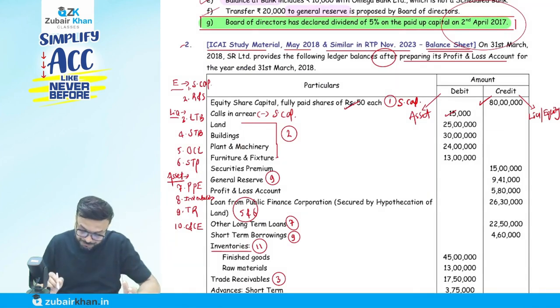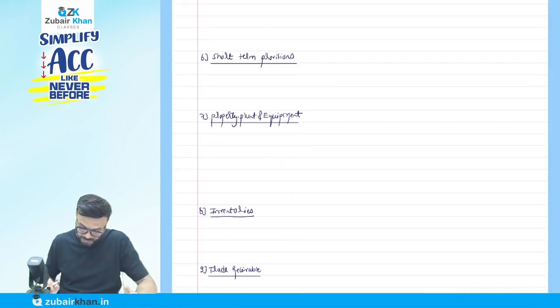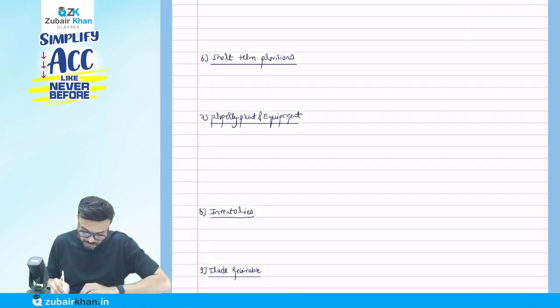Okay, now go to PPE. Where will we write it down? We will write it down in property, plant, and equipment. So go to PPE, notes to accounts number 7. Write down there notes to accounts number 7.